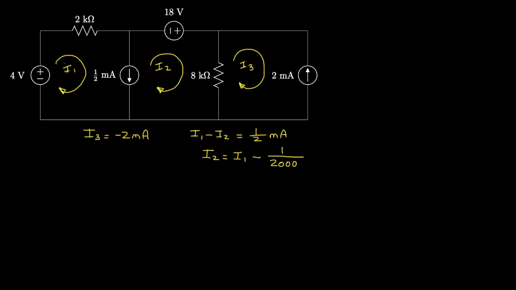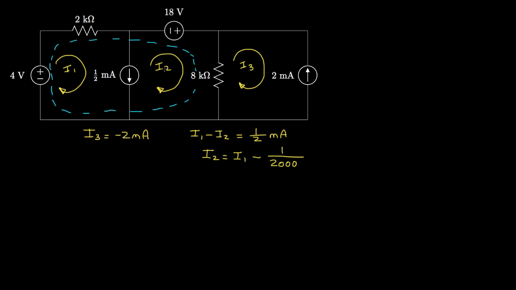We can write a loop equation by Kirchhoff's voltage law around any closed loop in this circuit. So how about if we think about this loop? This is a loop that includes both mesh currents I1 and I2. And we're picking those together so we can avoid going through this current source.